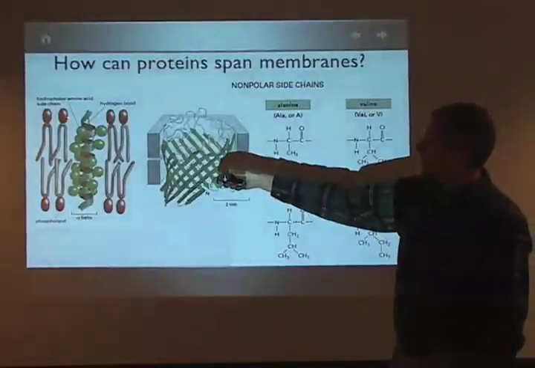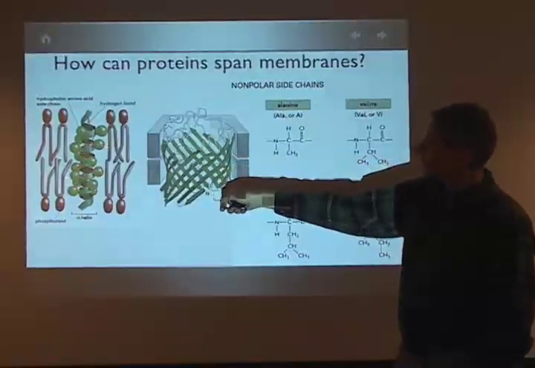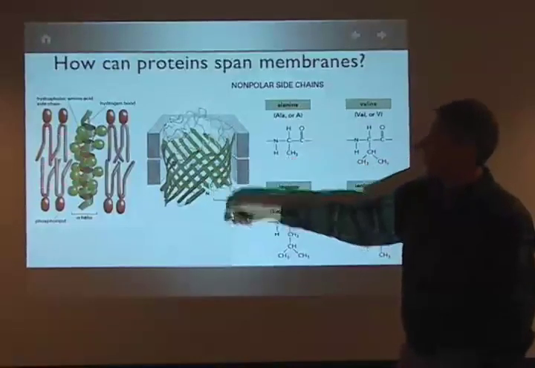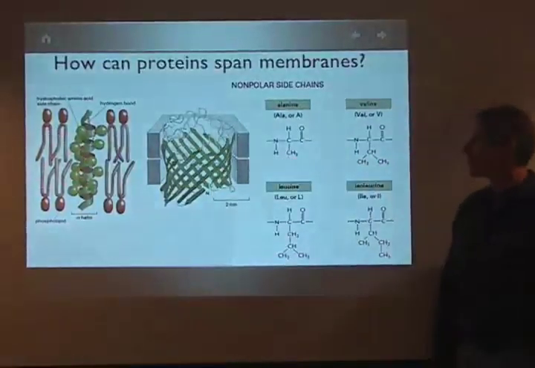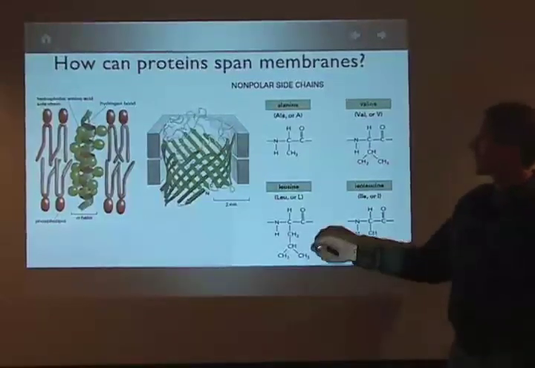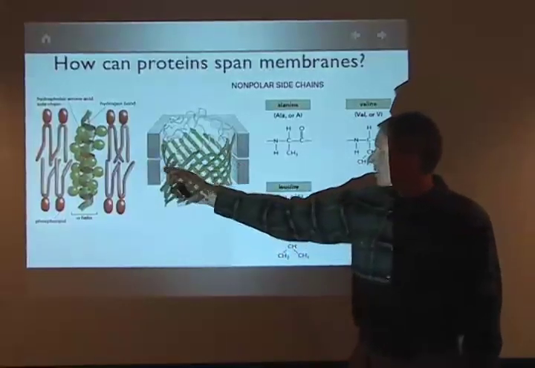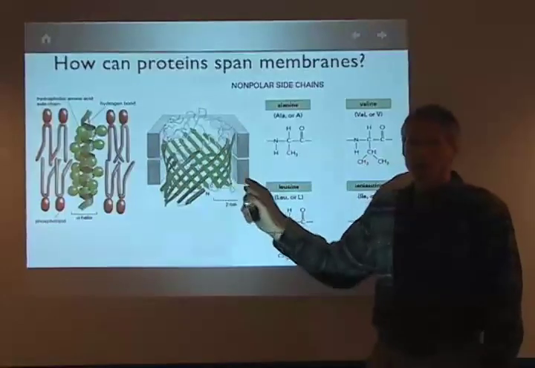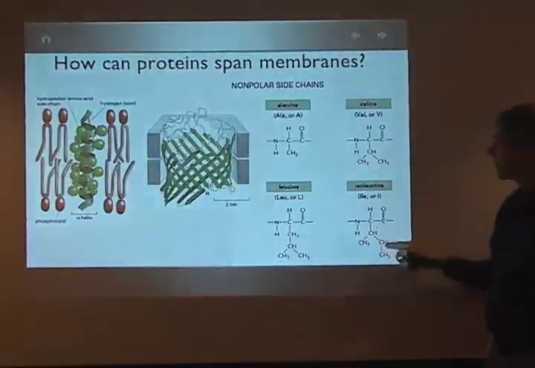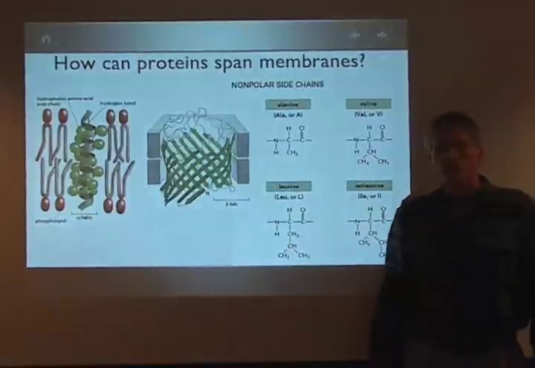And these green balls here are those hydrocarbon side chains facing out, which will quite happily be next to the fatty acid tails. They don't like water. They're hydrophobic. Similarly, in a beta barrel sheet, you have the side chains facing out, containing these hydrocarbons, associating with the fatty acid tails of the membrane.